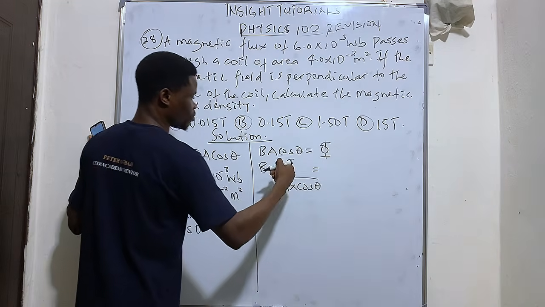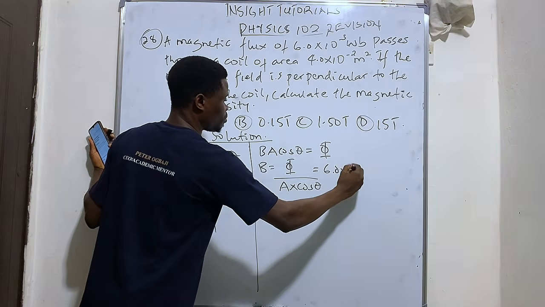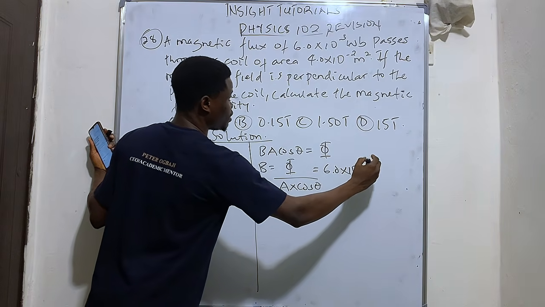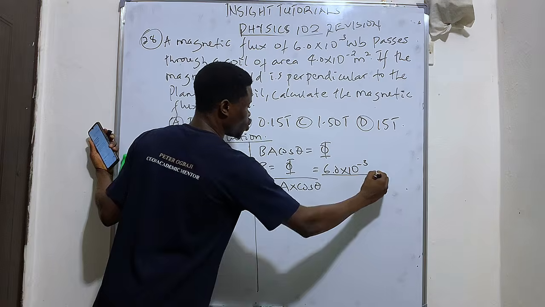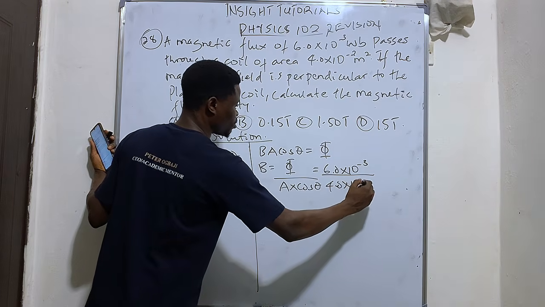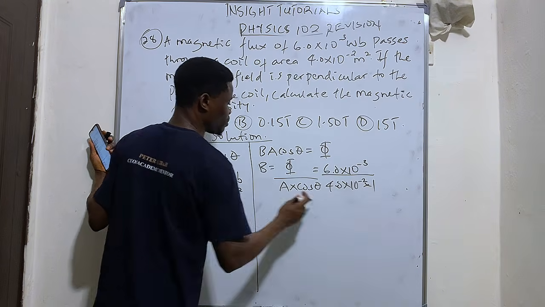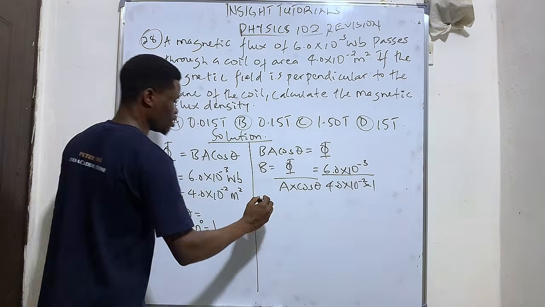And we substitute: this is going to be 6.0 times 10 to the power of negative 3, all over our area, which is 4.0 times 10 to the power of negative 2. Of course, times 1, which we know is insignificant.